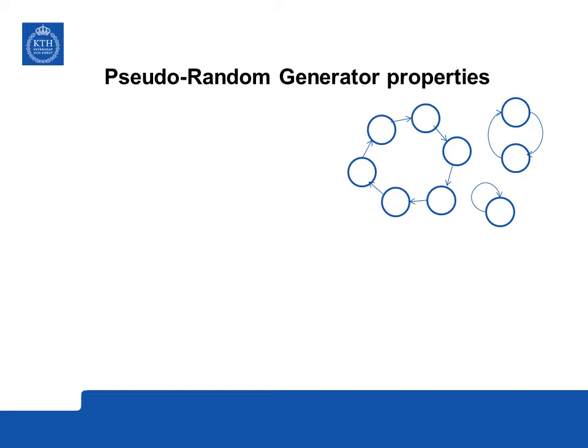What is of course important for a random generator is factors like the cycle length. How many numbers do we generate until it repeats itself? And the question is, are there transient states? Do we have to run the pseudo-random generator for a while first before it enters one of these long, preferably long loops? And what is the dependence on the seed or the initial state that we start in?